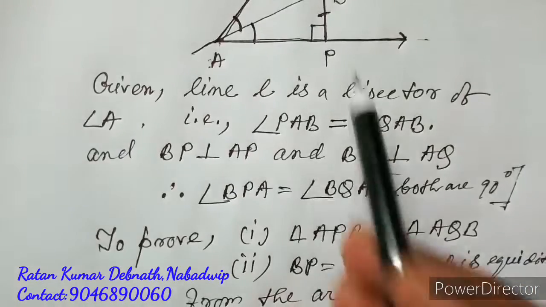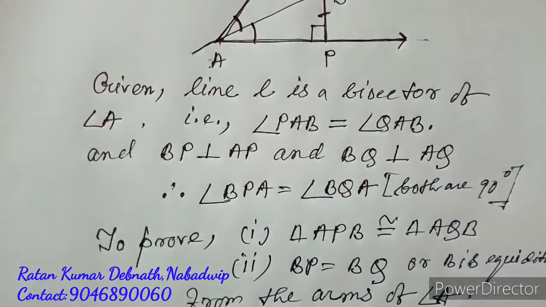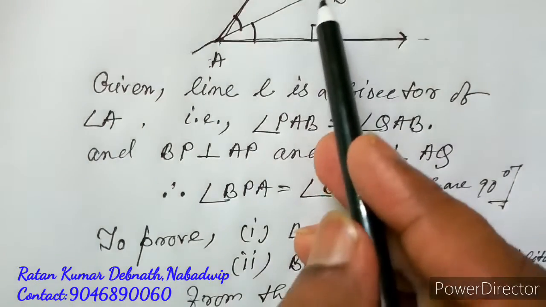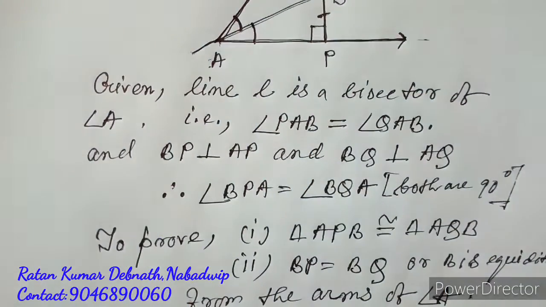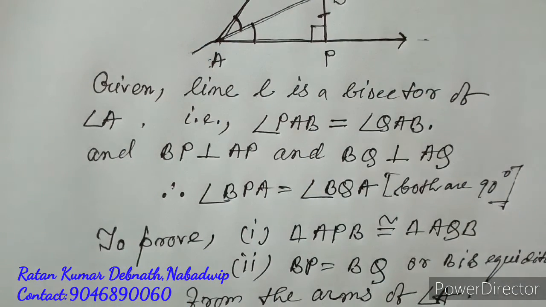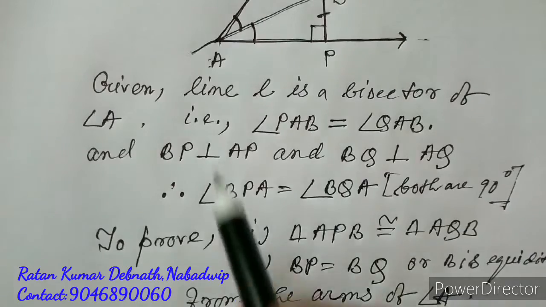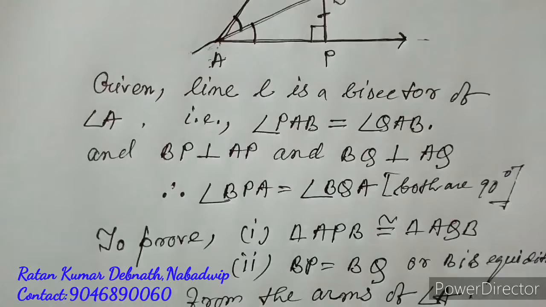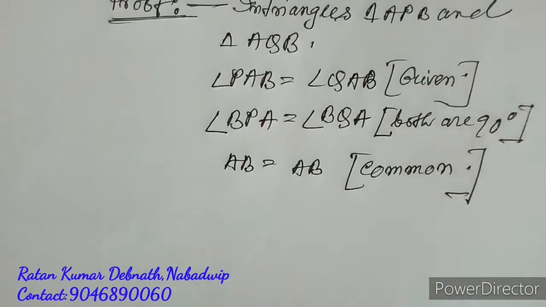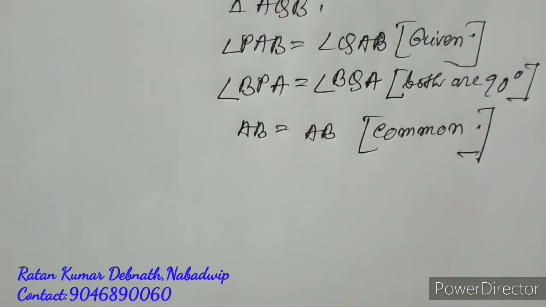When we talk about this triangle, that is triangle APB, we need this side, and when we talk about triangle AQB, we need also this line. Therefore AB is equal to AB, common.